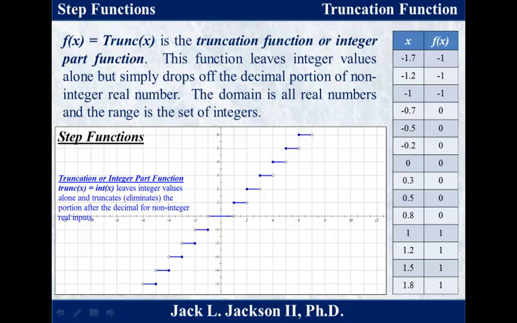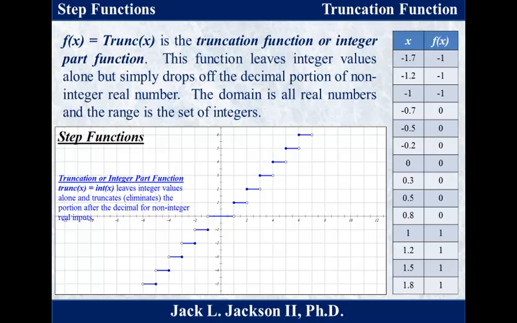So notice for the positive ones, these little line segments have a solid dot on the left and an open dot on the right, whereas the negative ones have an open dot on the left and a solid dot on the right. And then of course this one that's on the x-axis is sort of a combination of the two. It has one of the negative intervals with an open dot on the left, solid on the right, and one of the positive intervals with a solid dot on the left, open dot on the right, put together, so it's now twice as long, and it ends up with open dots on both ends.